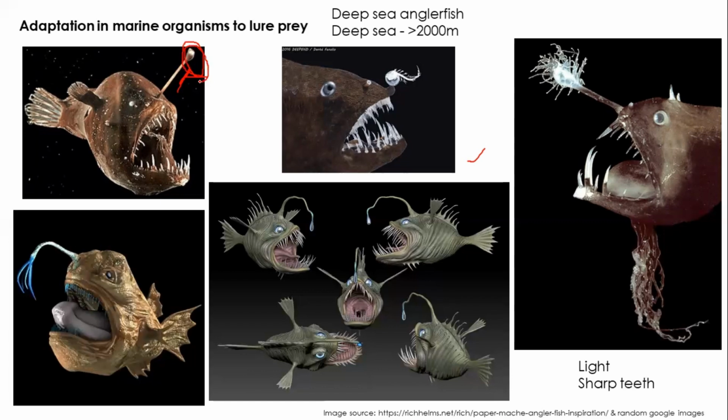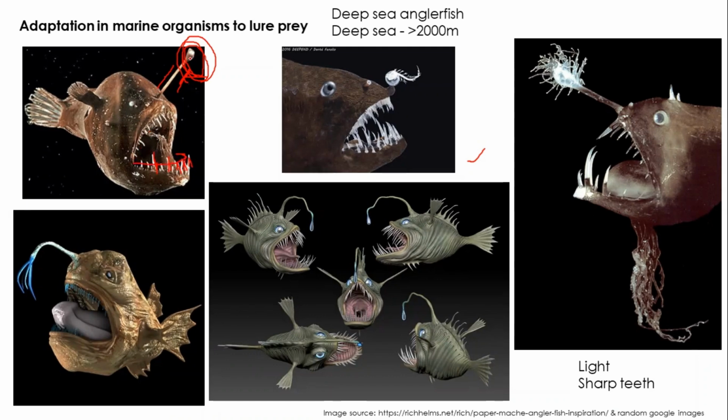The characteristic of this fish is that it is found below 2000 meters. At that depth you do not have sunlight, so it is extremely dark. In order to attract prey, they have a stalk with bioluminescent bacteria that produces light. You can also see the structural modification in the form of strong teeth, and a mouth where the lower jaw is elongated.